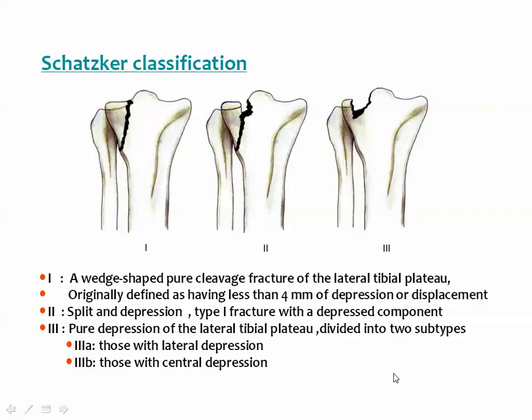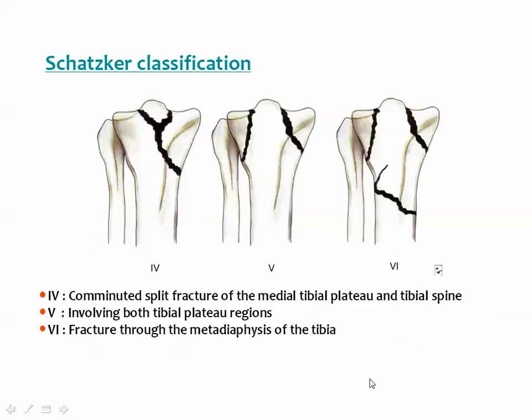And we have about 6 types of tibial plateau fractures, and these will include type 1, which is a fracture of the lateral tibial plateau without depression, and type 2 involves the fracture with some depression. Type 3, there is the split fracture of the tibial plateau along the articular surface.